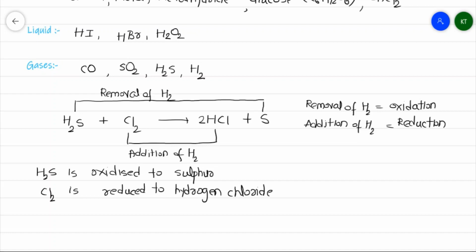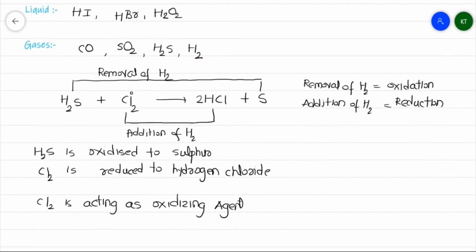In this reaction, chlorine has undergone reduction. That's why chlorine will act as an oxidizing agent. Chlorine is acting as an oxidizing agent.